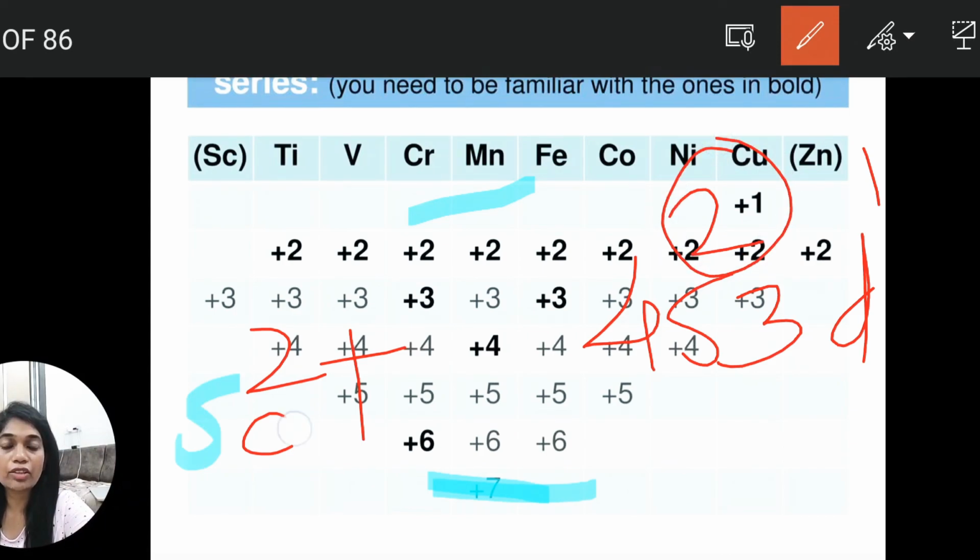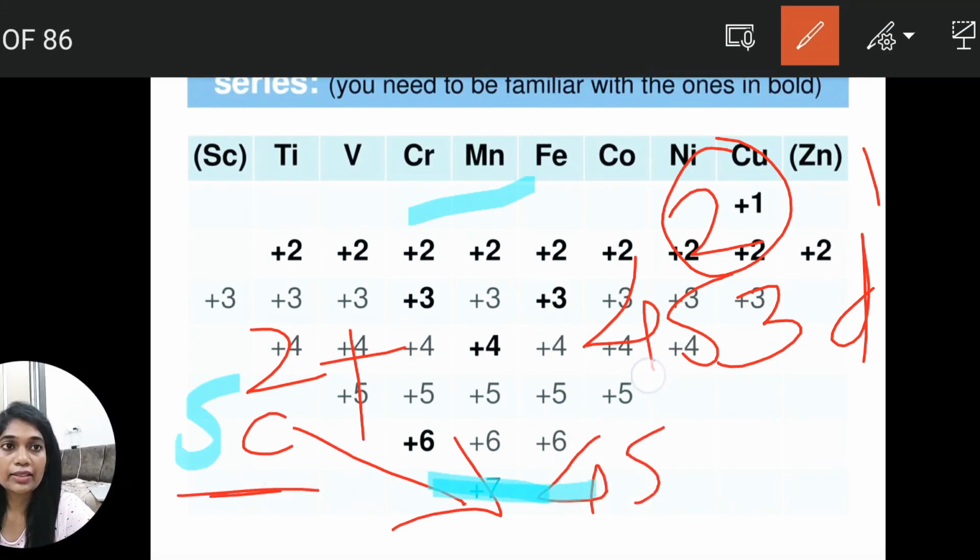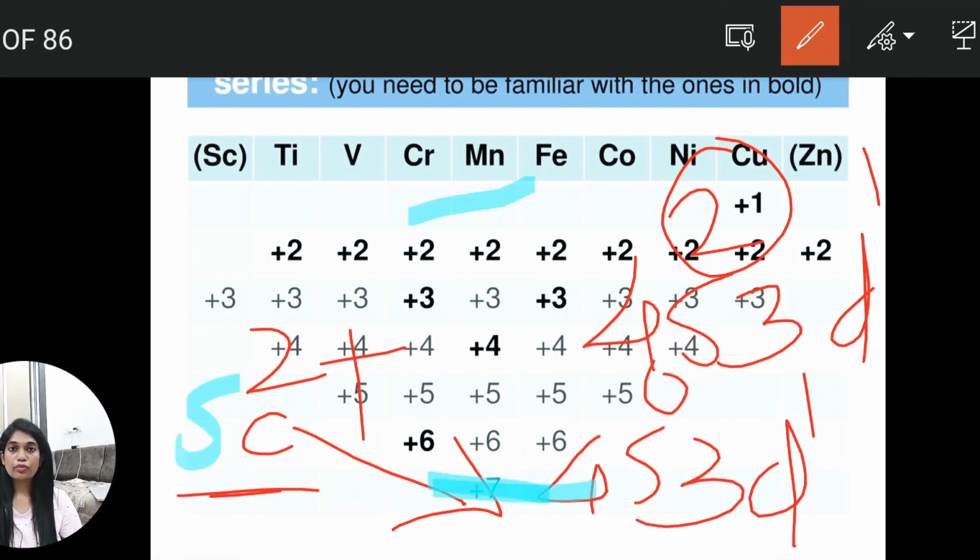So what is the electronic configuration of scandium 2+? It is 4s0 3d1. Remember that whenever you need to remove an electron from any transition element, first remove it from the s orbital and then from the d orbital.